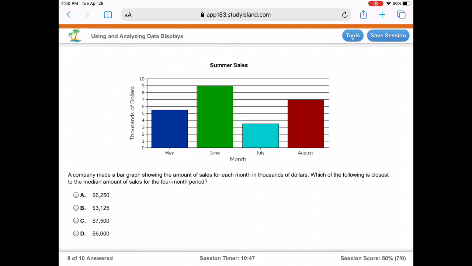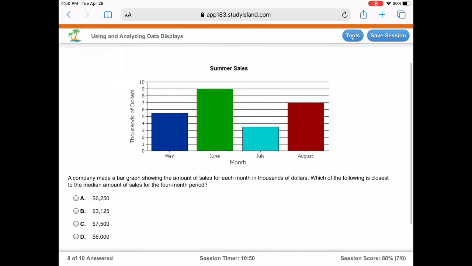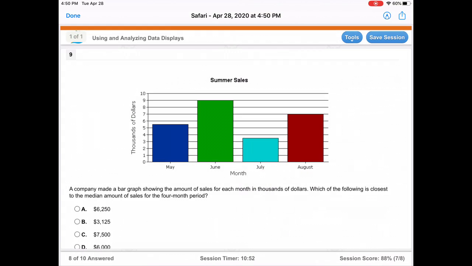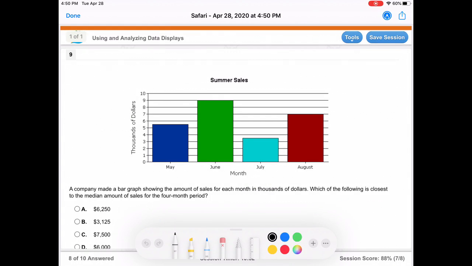So here we have about, got to get my markup tool. So here we've got about 5,500. Here is 9,000. Here is about 3,500 and 7,000.